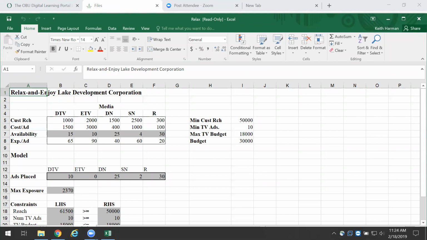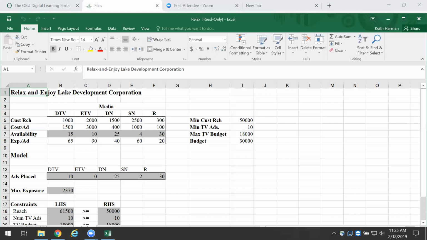Now, here is a lake and development company, and if I'm not mistaken, they're looking at their advertising portfolio, trying to get the maximum exposure based on media buys.